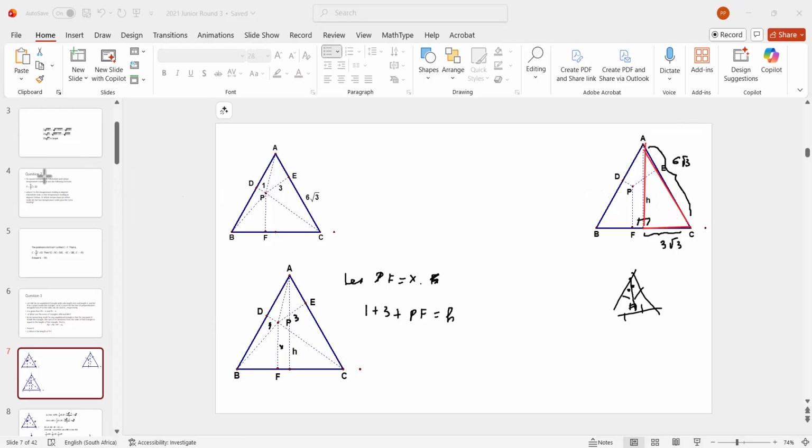So if you focus our attention on that right angle triangle, you have H is equal to the square root of this squared, the hypotenuse squared, which is 36 times 3.